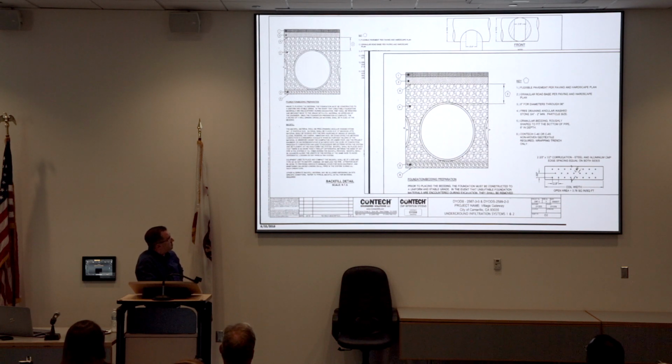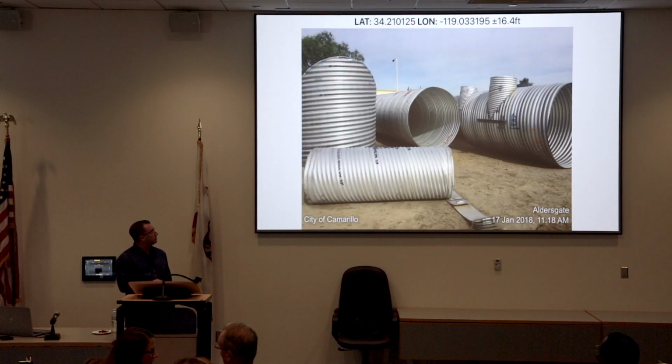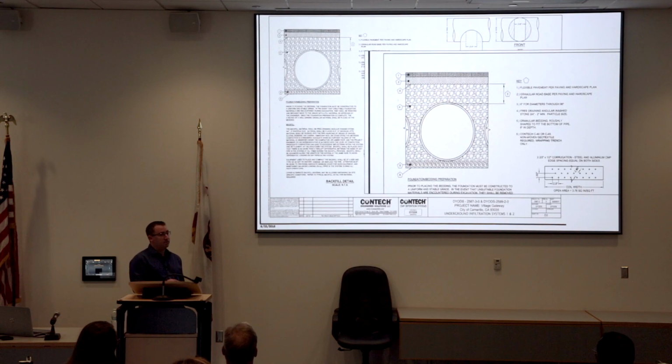Note number 6 says Contact C40 or C45 non-woven geotextile required wrapping trench only. So this system was to take in a whole bunch of water and then let the water infiltrate out into the ground. And unfortunately, it will definitely get out of the pipe. The problem is that fabric is going to trap all the sediment and the fines and everything inside that system, making it not very useful after a while.